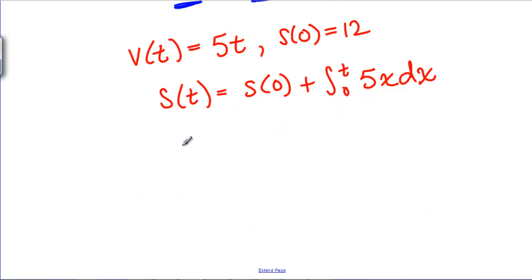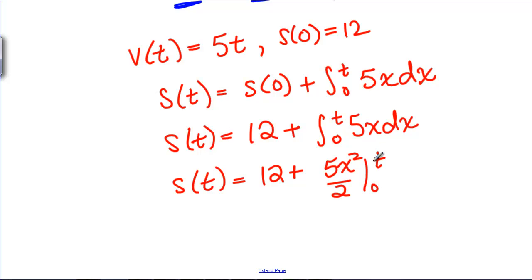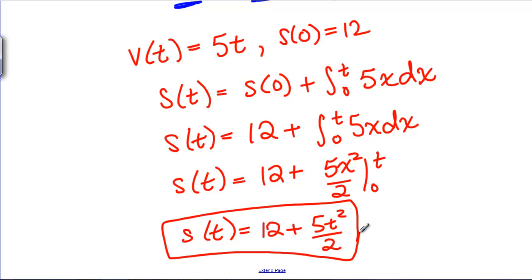Now s(t) is 12 plus the integral from 0 to t of 5x dx. So s(t) is 12 plus 5x squared over 2 from 0 to t, which means s(t) is equal to 12 plus 5t squared over 2 minus 0. We don't even need to write that last part. So now we've found our position function.